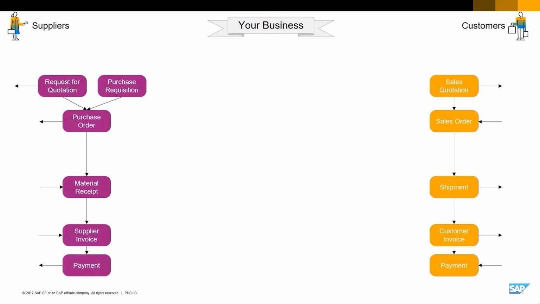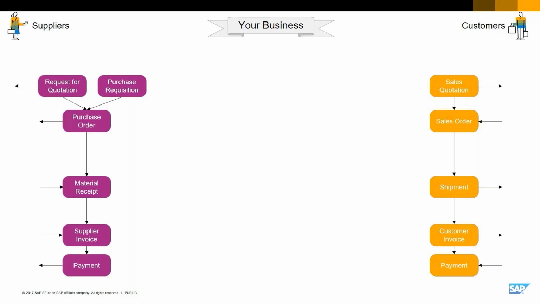So for example, we are running a business. Let us take a typical manufacturing company business process. What is your core activity in this business? You will be purchasing raw materials, manufacturing the goods, and selling those finished goods to the customers.